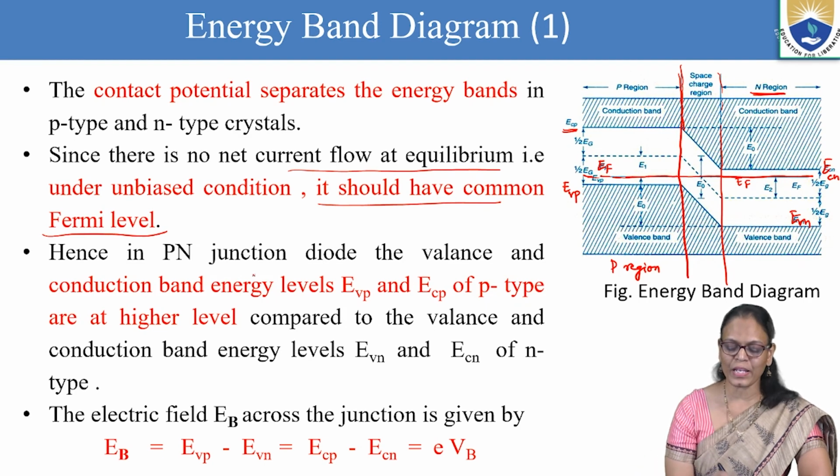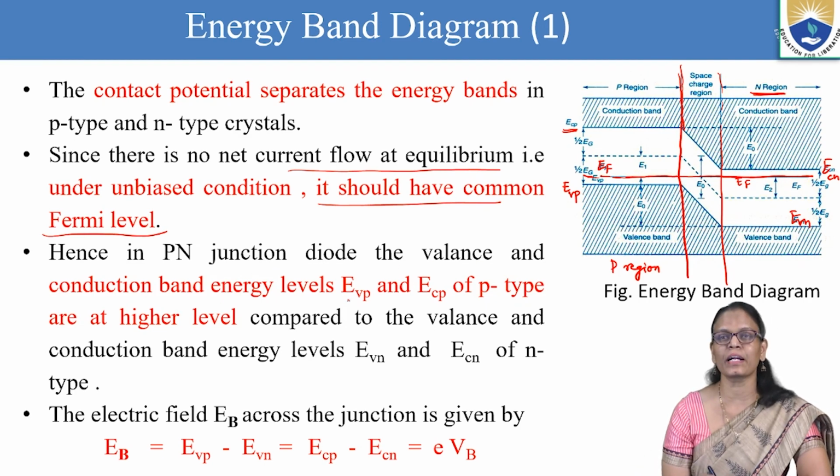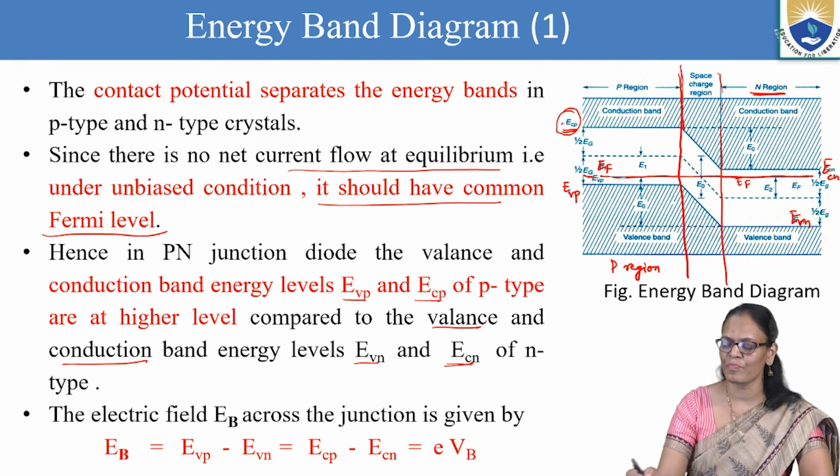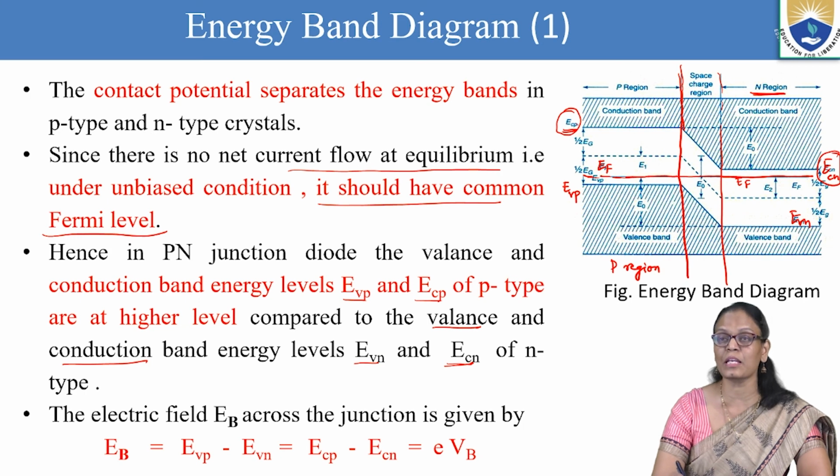So in a PN junction diode, the valence band and the conduction band energy levels EVP and ECP of the p type are at a higher level compared to the valence band and conduction band EVN and ECN. We can clearly observe if this is ECP, this is ECN. So ECP is at a higher level than ECN.